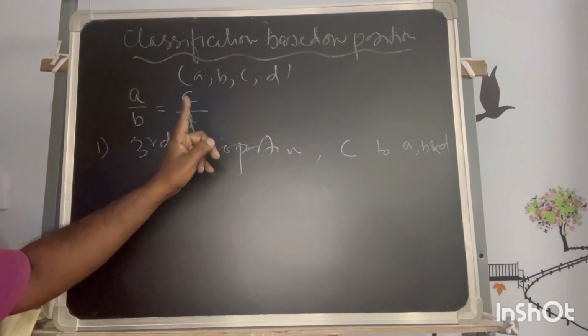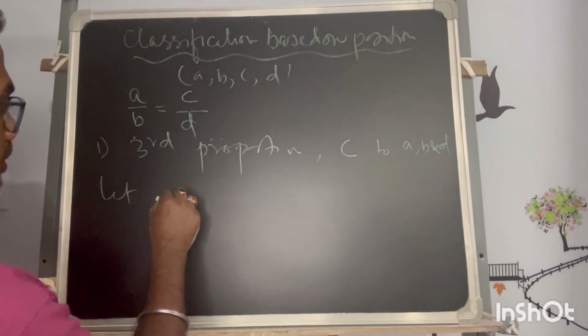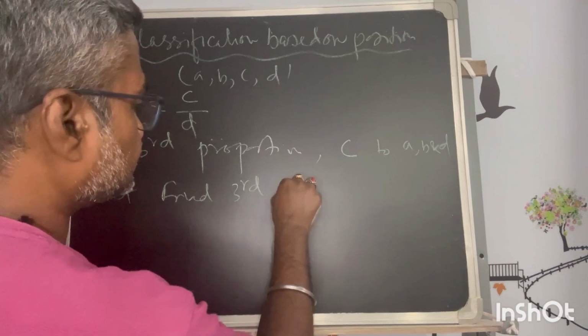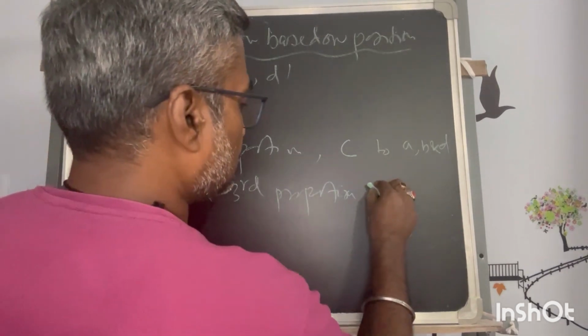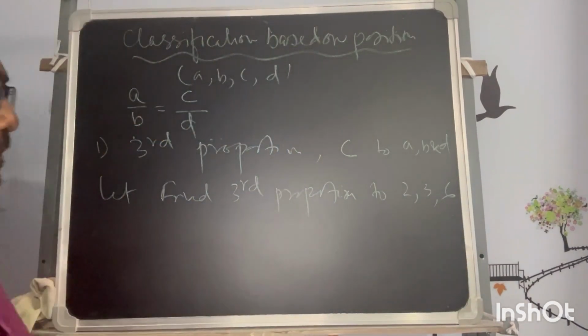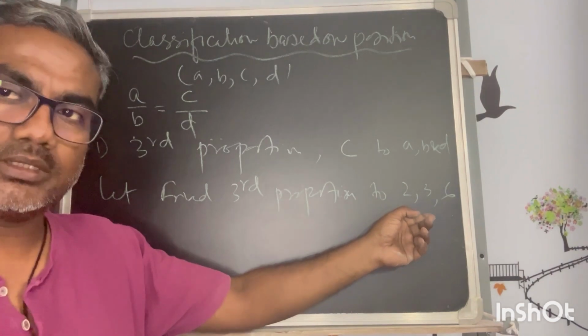This is the third proportion, this is the fourth proportion. So now, find the third proportion to 2, 3, 6.